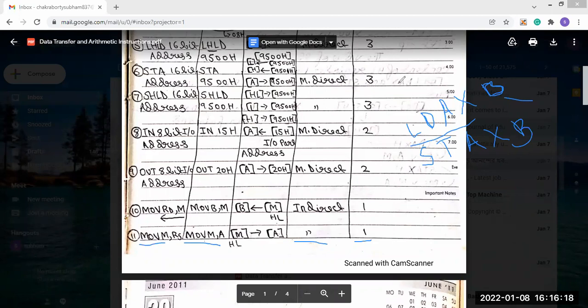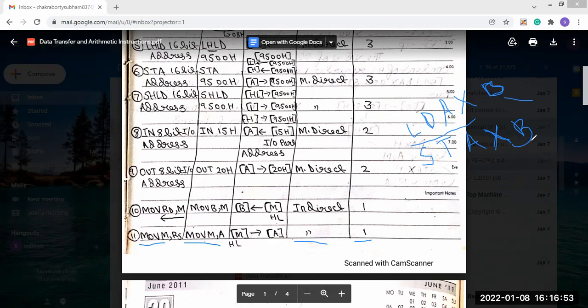This is the accumulator. The content of the accumulator will be moved, as we have used STAX B. So the content of the accumulator will be moved to the register pair. X means plural form, and plural form means register pair.